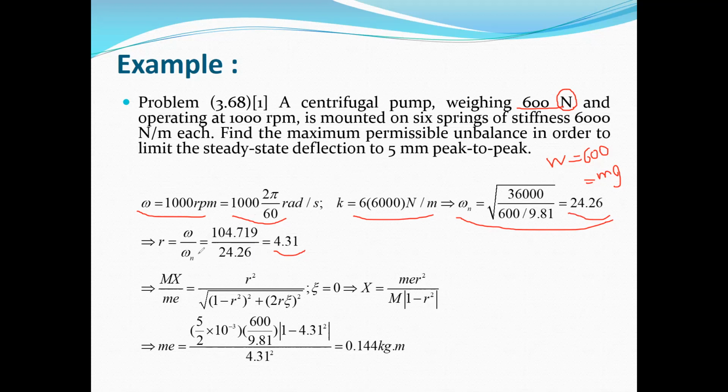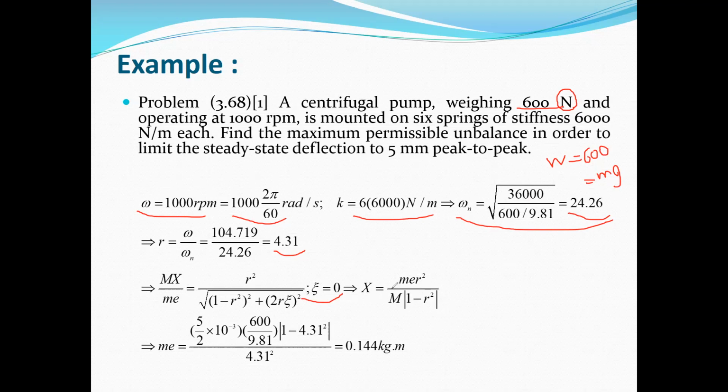Now we need to find the relation between the amplitude of the response and the unbalanced mass. Here again, we don't have damping in this problem. When we don't have damping, psi is equal to 0, we can substitute here and find a relation between x and me.